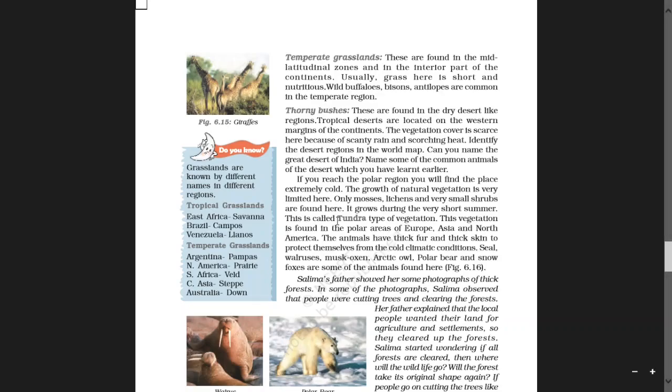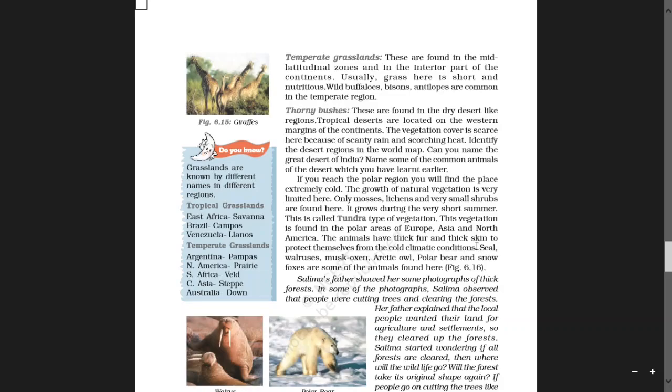The vegetation found in the polar regions is known as tundra type of vegetation. Mark this one also. This vegetation is found in the polar areas of Europe, Asia, and North America. The animals there have thick fur and thick skin to protect themselves from the cold climatic conditions.